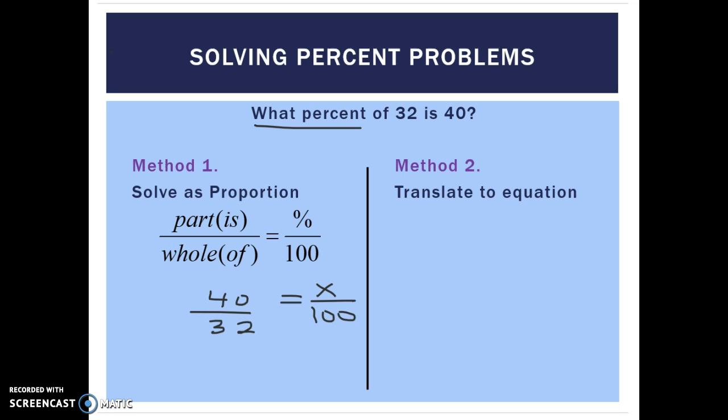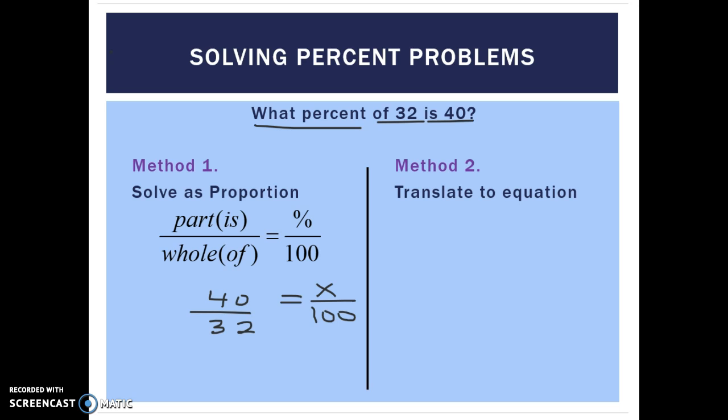So keep in mind this is is over of. The is number was 40, so that was in our numerator. The of number was 32, so I put that in my denominator. So think of it as is over of, so you know which number goes where. It's just a little tip to help you.